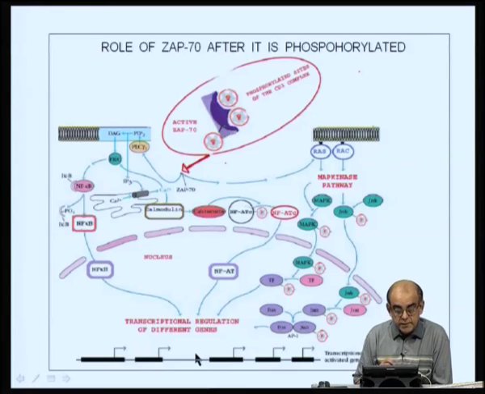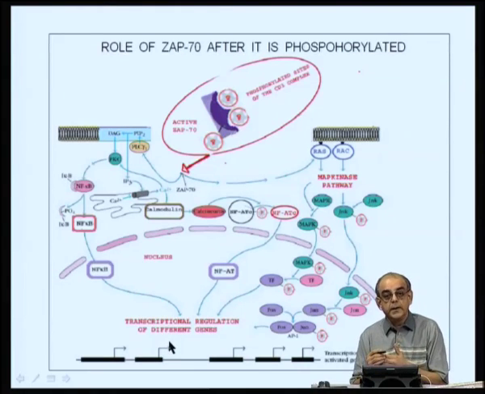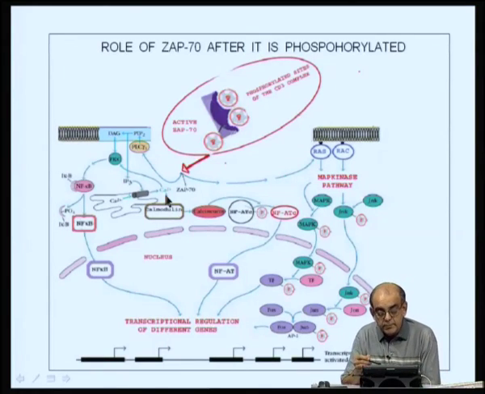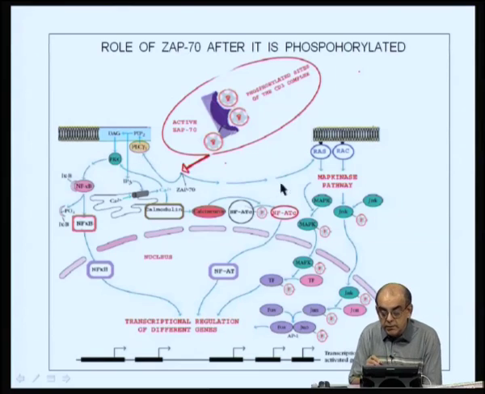And in different situations, different transcriptional factors bind to different transcriptional regulatory elements, and thereby activate different kinds of genes in different situations. So, you see these are the different transmembrane signaling events that are triggered off by phosphorylation, and this ZAP70 goes and phosphorylates other molecules in addition like RAS and RAC, which activates the MAP kinase pathway, in addition to what is called NF80, which is found specifically in T cells.